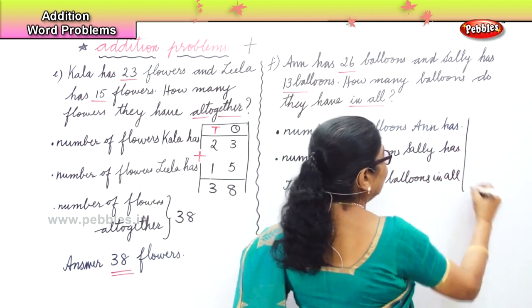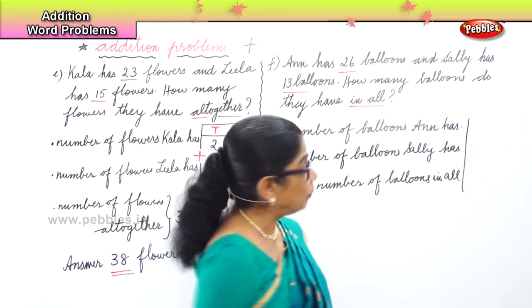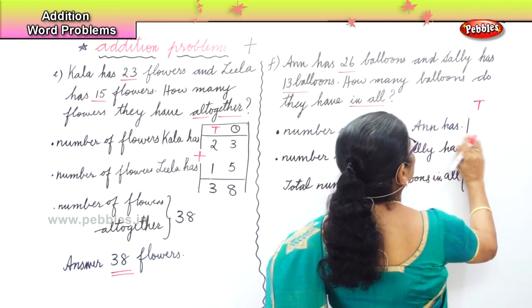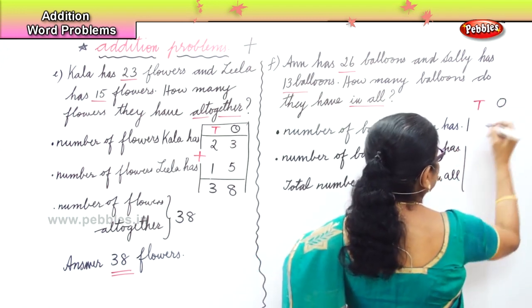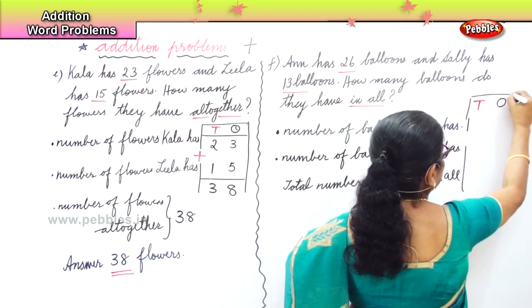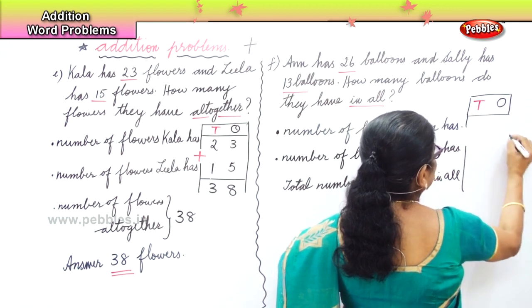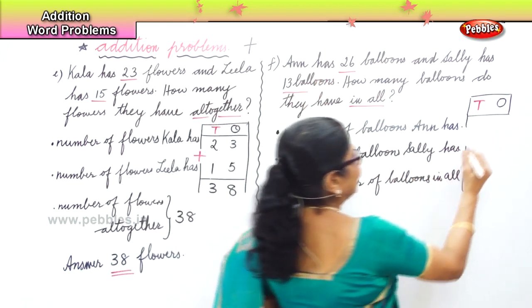Now let's write. First you have to write tens and ones before we put down the numbers. Alright? Now, number of balloons Anne has 26.